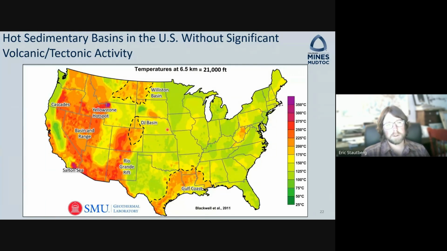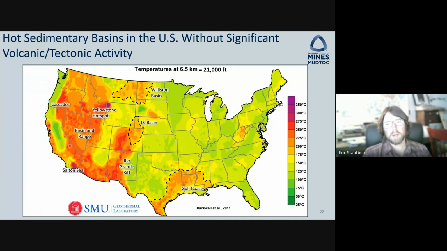I like this map because it really highlights the hot areas of the U.S. Of course, the western U.S. is very hot. There's active volcanism, ongoing extension, things like that, that provide a lot of heat flow and thermal energy into these areas. Of course, we have the volcanism in the Cascades, the Yellowstone hotspot, Basin and Range extension, the Salton Sea area, and the Rio Grande Rift, all products of thermal energy and active tectonism.